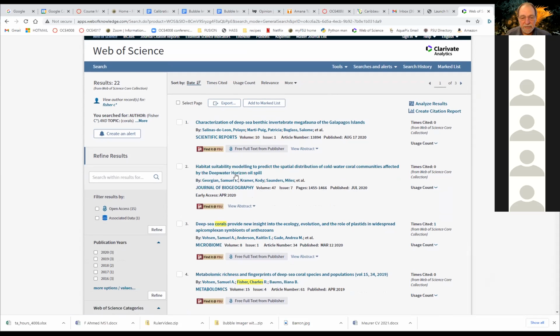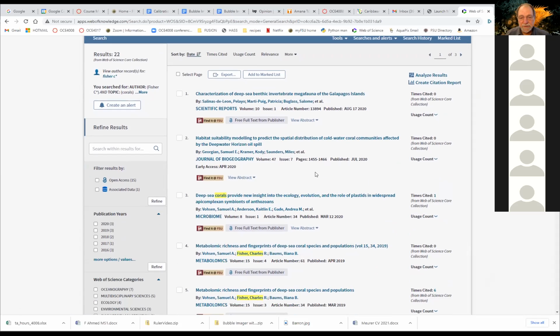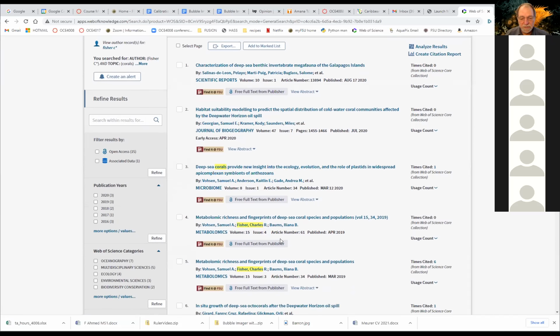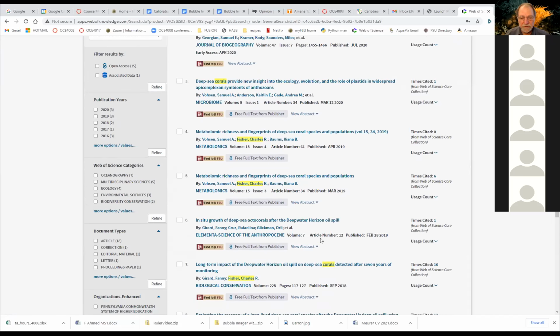You'll notice that Fisher's name does not show up in all these entries, and that's because he's probably a secondary author. But here the search terms are illustrated: here's Fisher Charles, here's corals, and this shows you how the index terms are achieved.